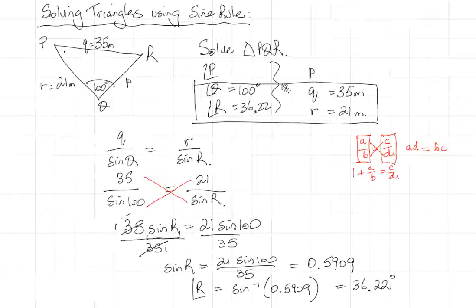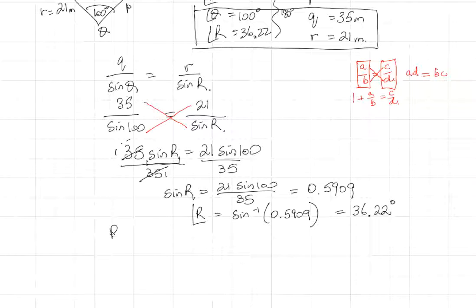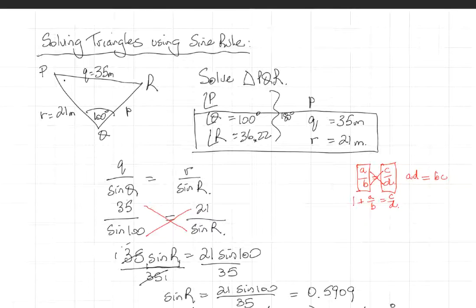So we can say that angle P equals 180 minus 100 minus 36.22 degrees, and that will be equal to 43.78. So we can put that value in, 43.78.